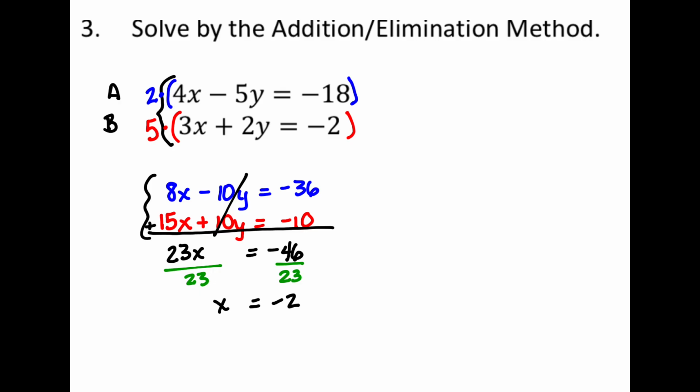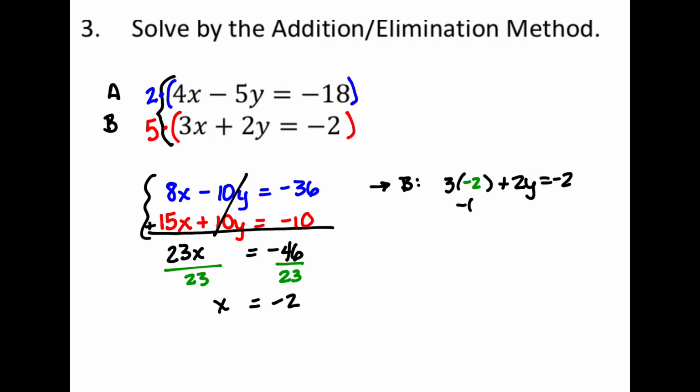Okay, so x is equal to negative 2 for this one. So now I'm going to substitute it into any equation, well, any equation with both variables, right? I'm going to put it into b. So I'm going to do 3 times whatever x is plus 2y equals negative 2, and x is negative 2.